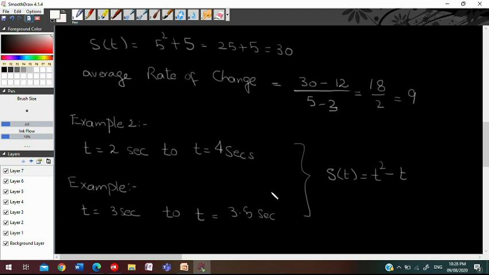This is the average rate of change when the distance is large, when the distance is measurable in some big quantity, and that's why it is a clear concept in which we can see the distance between any two points.